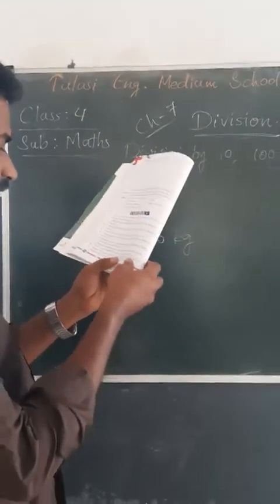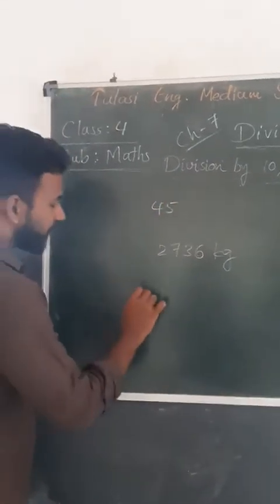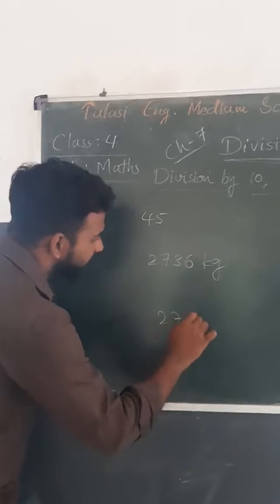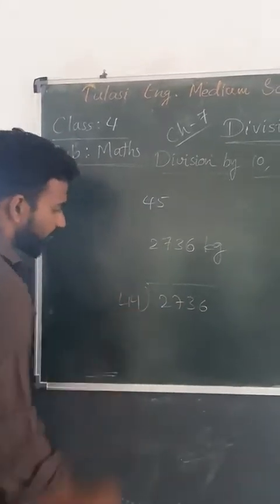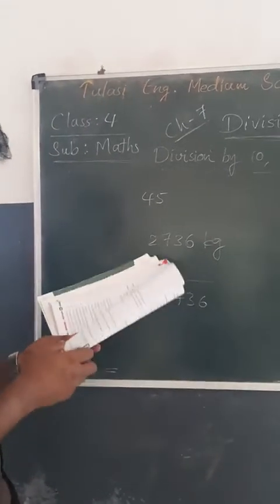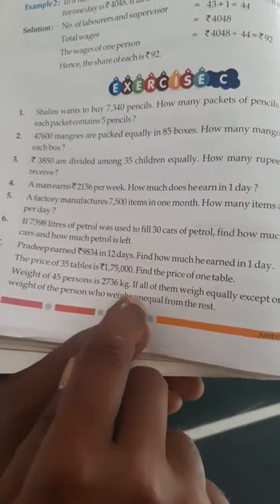But all of them weigh equally except one, so you have to divide 2,736 by 44. One has unequal weight.